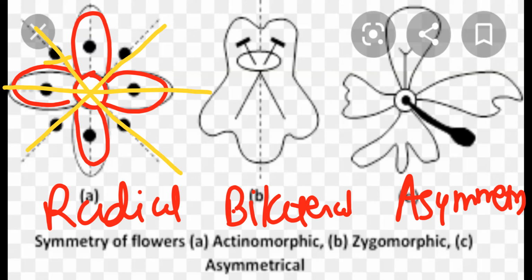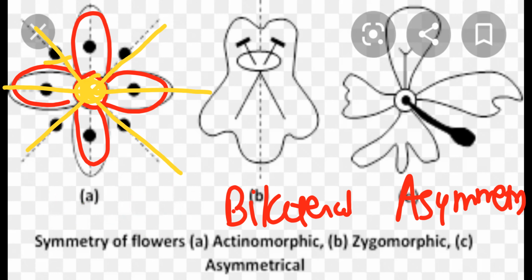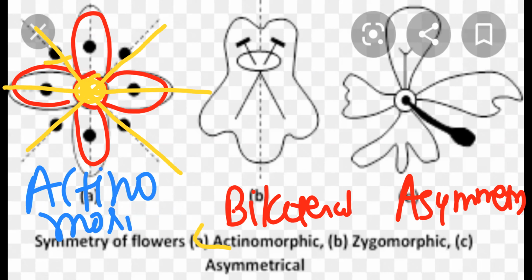When we cut the flower by any plane of axis which passes through the center, we say the flower has radial symmetry. And radial symmetrical flowers are known as actinomorphic flowers. These flowers are known as which one? Actinomorphic flower. So when you read actinomorphic flower, you have to understand this flower has radial symmetry.